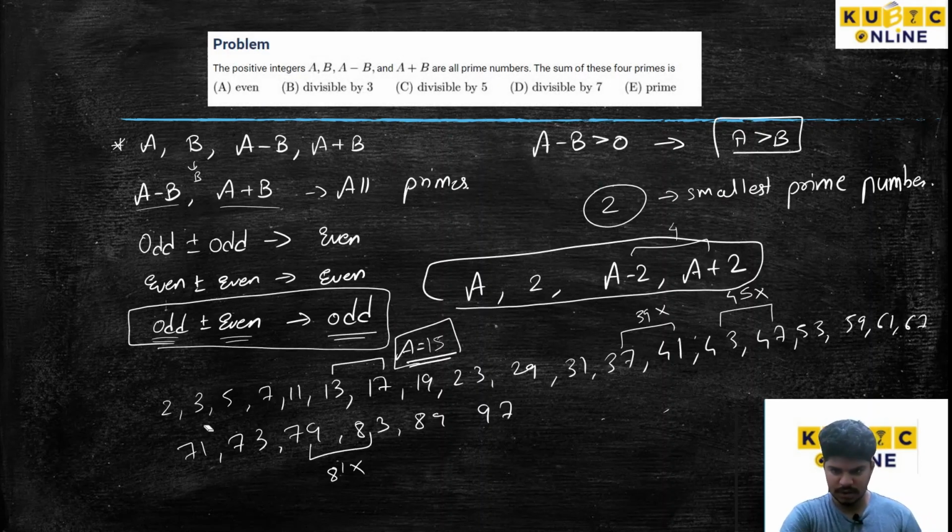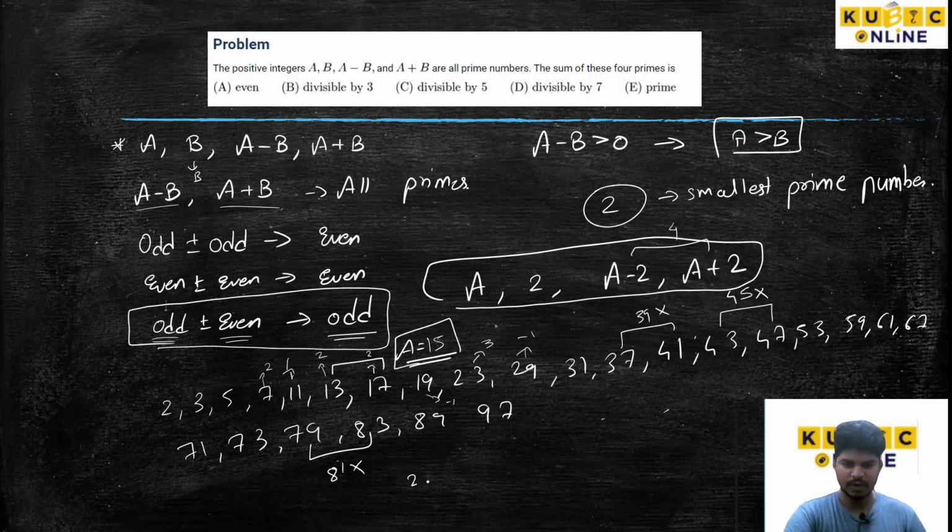So let's just check. 7 is 2, then 11 is 1, 13 is again 2, 17 is 2, 19 is minus 1, this is 3, this is minus 1.